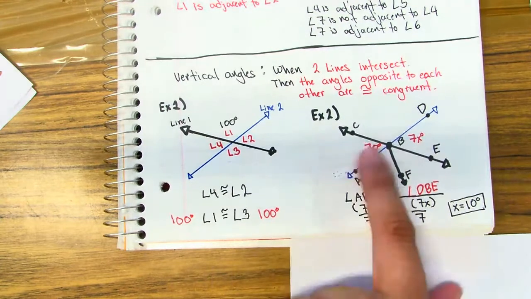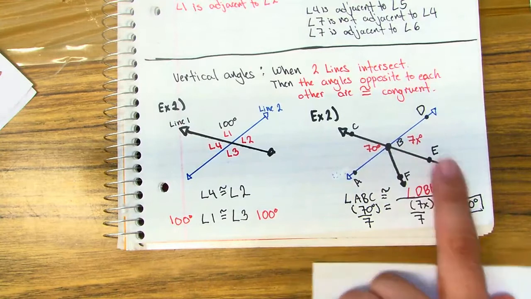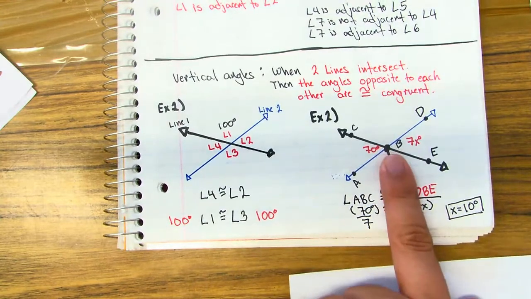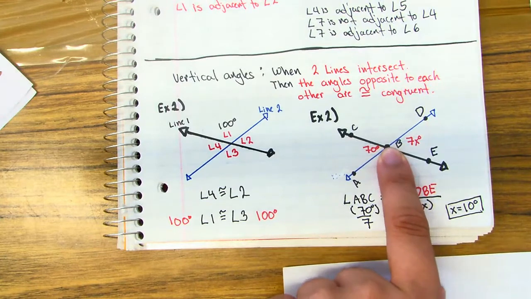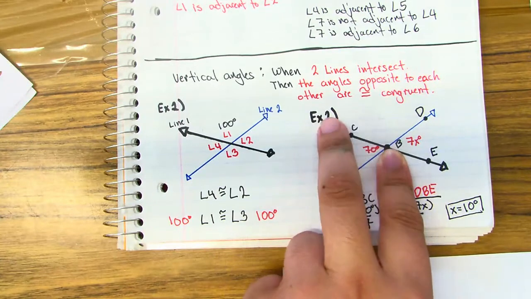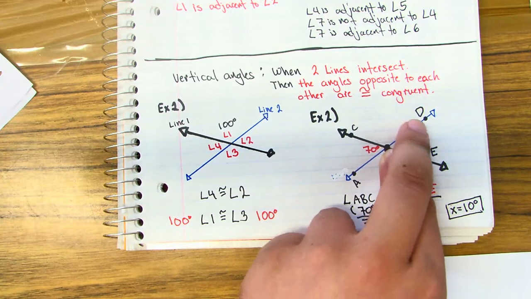So opposite of ABC is probably between ABE or ABF. But if you look, you can cover this ray, and when you cover this ray, what do you see here? You see two straight lines, line 1 and line number 2, that are intersecting.